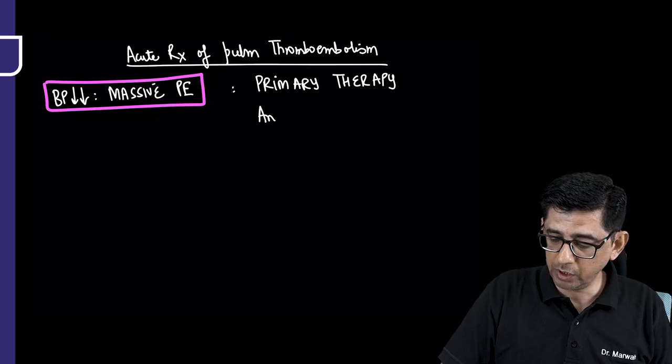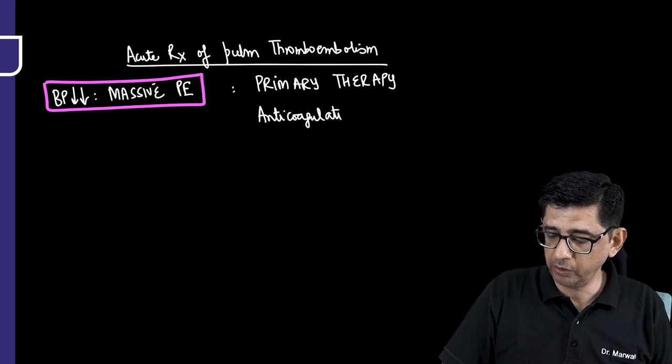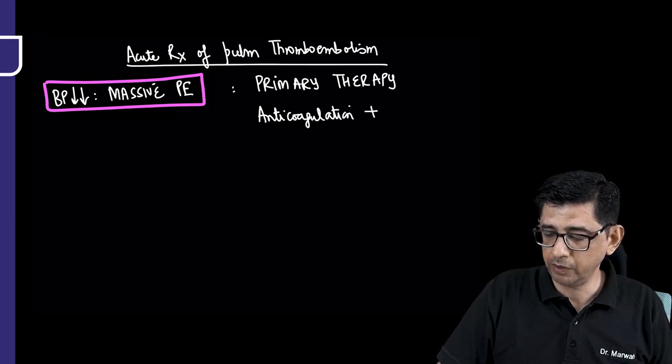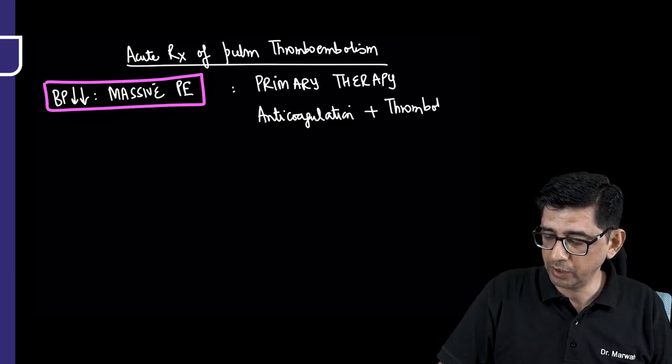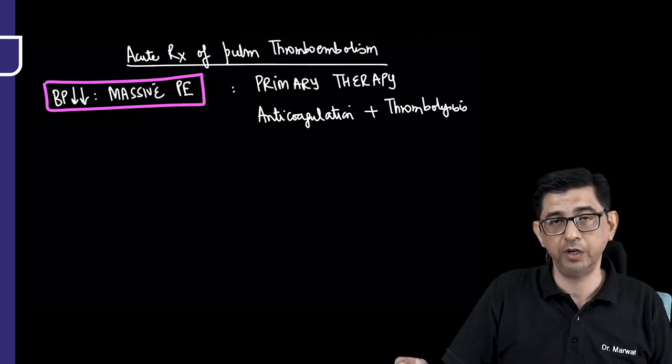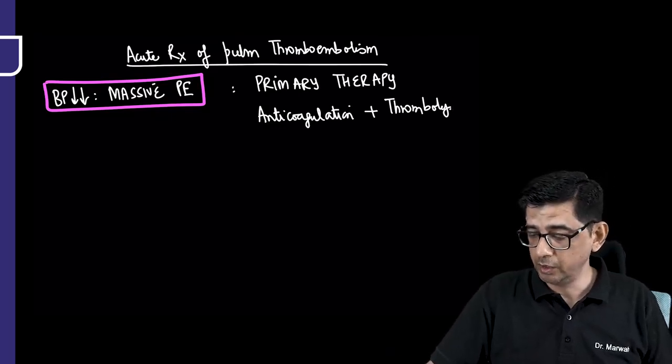What is the approach? There are two of them. Approach number one would be that I can go for anticoagulation with heparin, and along with that I can be doing thrombolysis. The drug that I can use for thrombolysis would be alteplase. That is one approach. There is a second approach also.